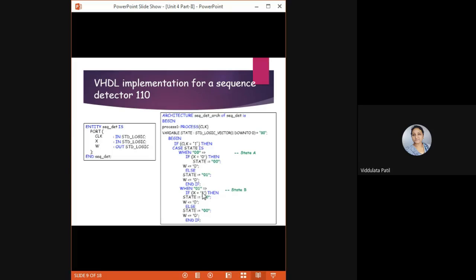So now I will give you another sequence to draw a state diagram. Draw the sequence detector state machine diagram using a Moore machine for the sequence 010. Okay, so this is one more exercise for you, to draw a sequence detector state machine diagram for sequence 010.